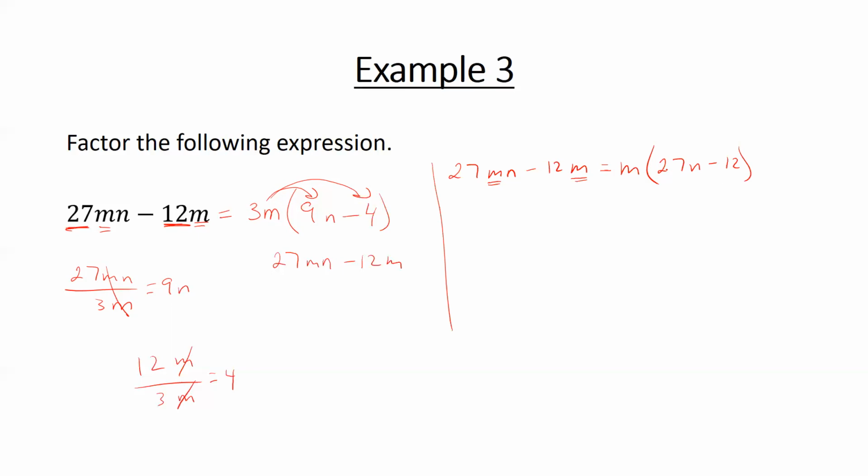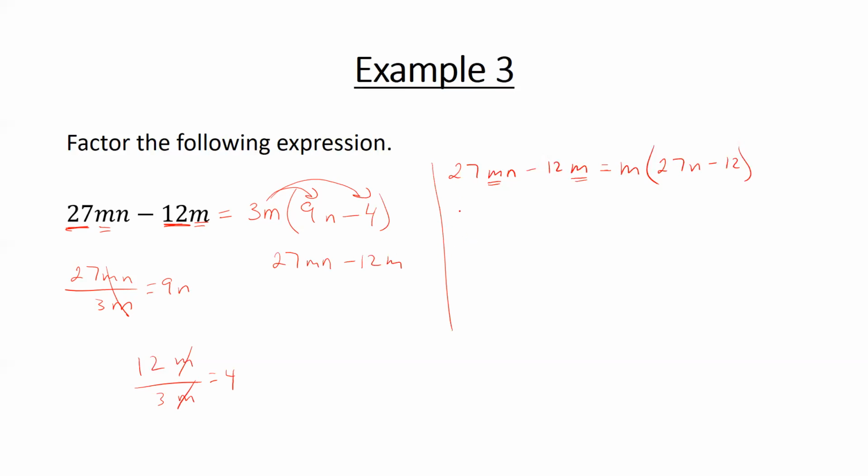You definitely factored correctly because if you multiply m into each term, you do get 27mn minus 12m. But the problem is it's not factored completely because 27 and 12 are both divisible by 3. There's another common factor that you can factor out from there. So this would not be exactly right. This is not factored completely.